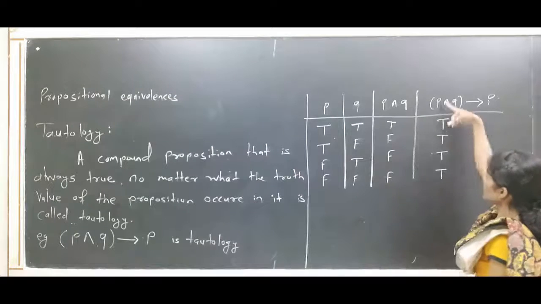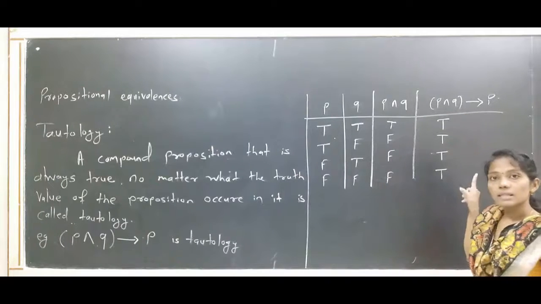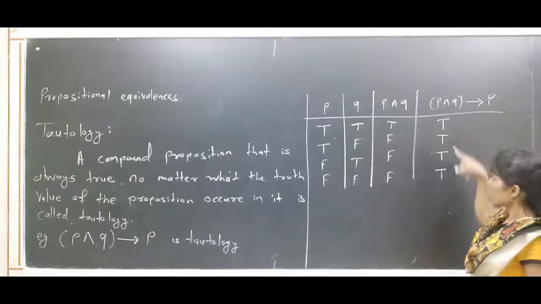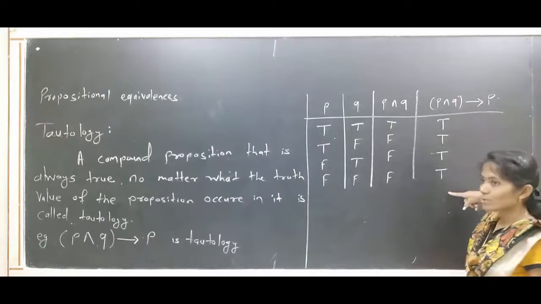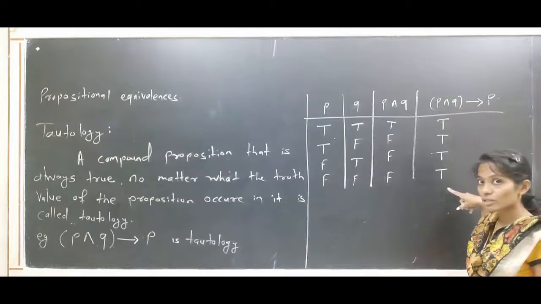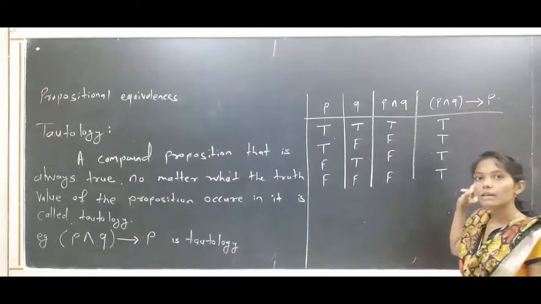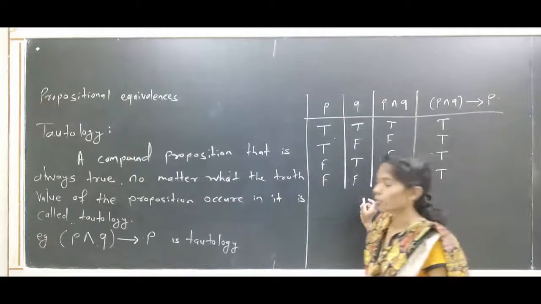Okay. So observe this truth table. From the last column of this truth table we get a tautology, since in the last column all the truth values are true.